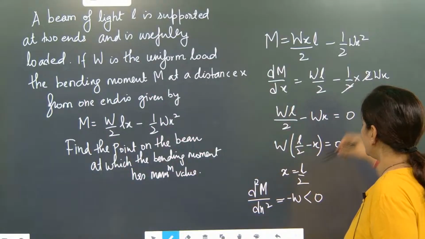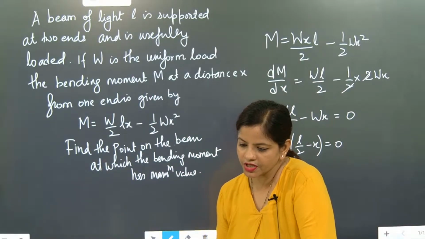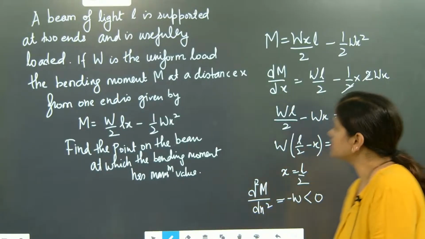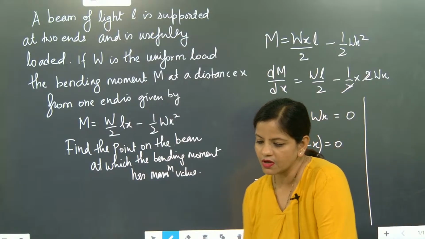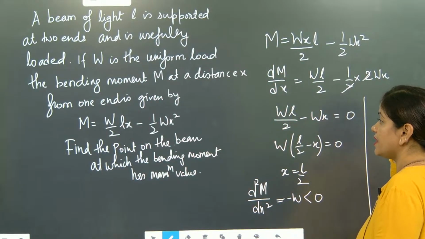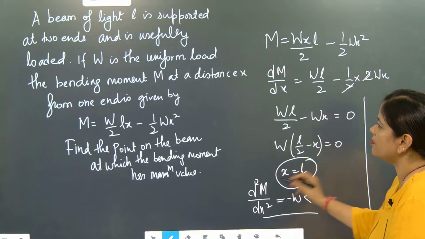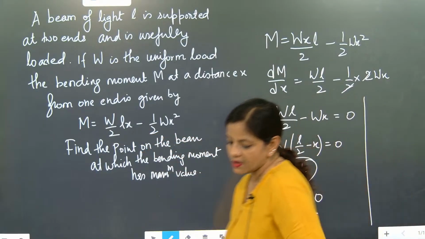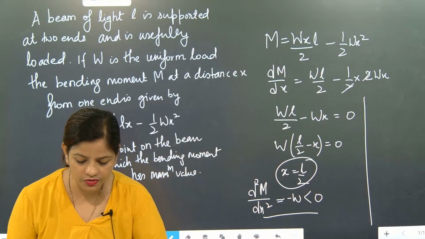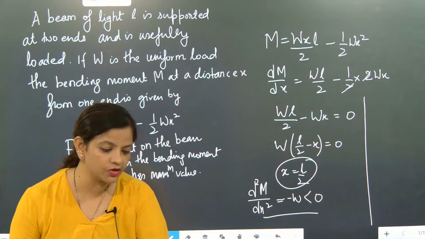Since the second derivative is less than 0, we now substitute that part. Sorry Kishu. So x is equal to L by 2, we have to substitute there. The maximum value will be exactly obtained at x is equal to L by 2.